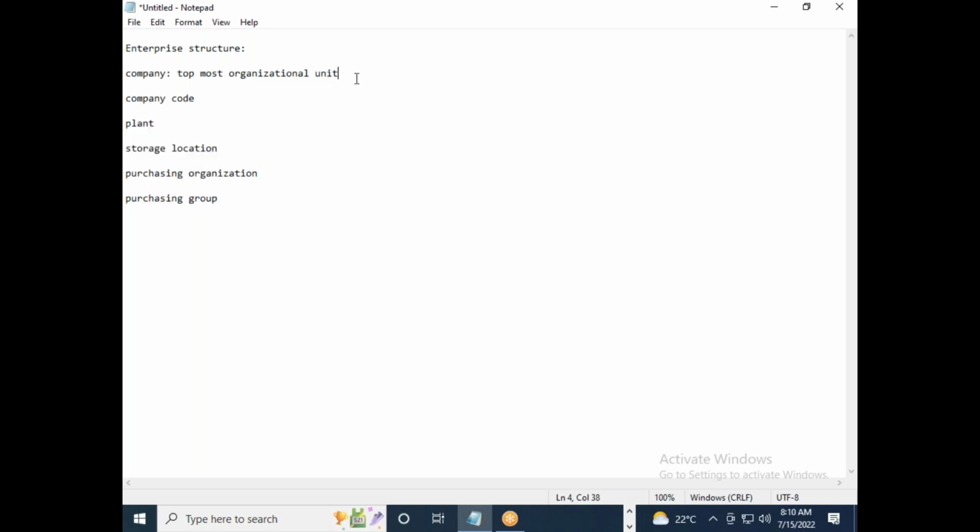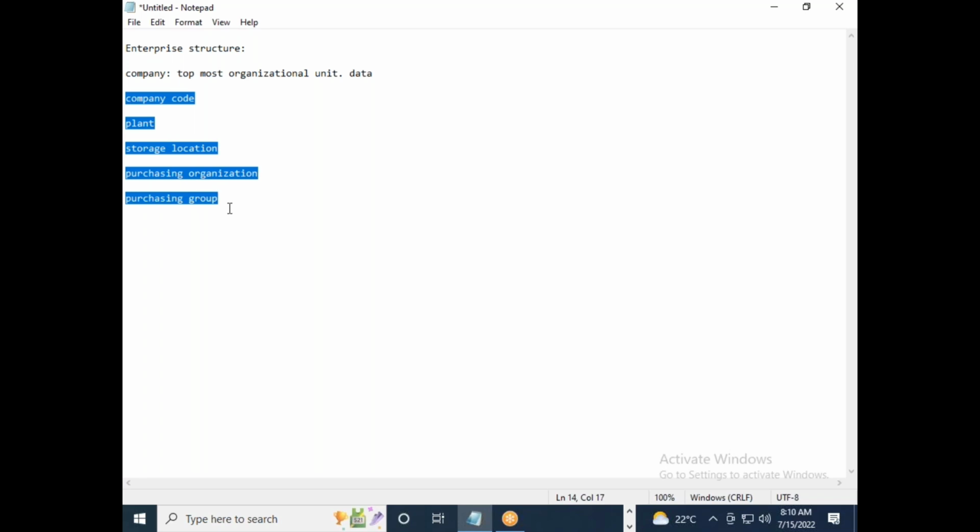Also, whatever data you maintain at the company level will be applicable to all the remaining organizational units.